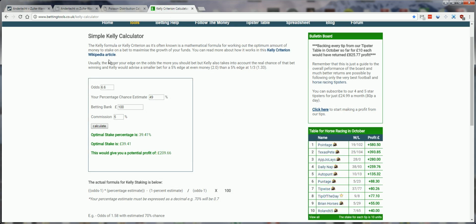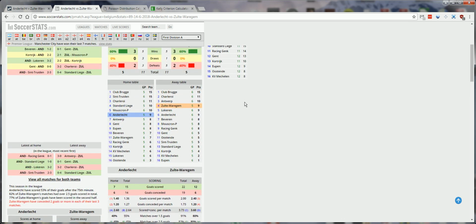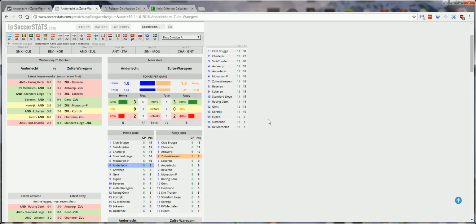So that really does look quite a big bet. I just can't see why Zulte is 6. Anderlecht may win, they may, but 6?